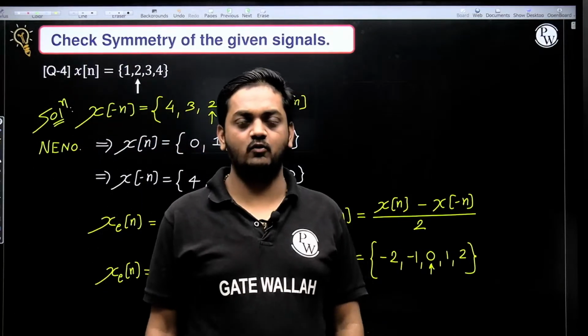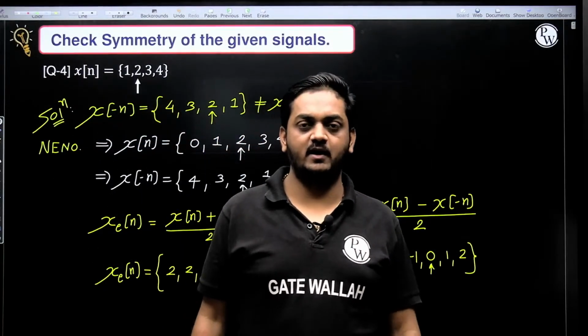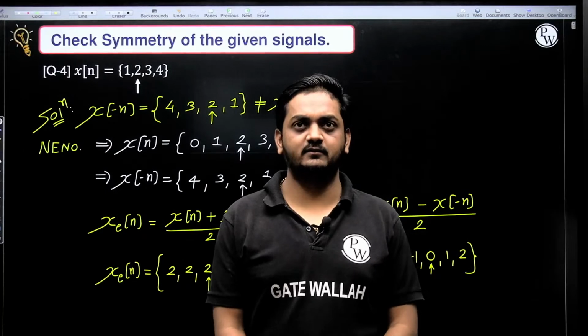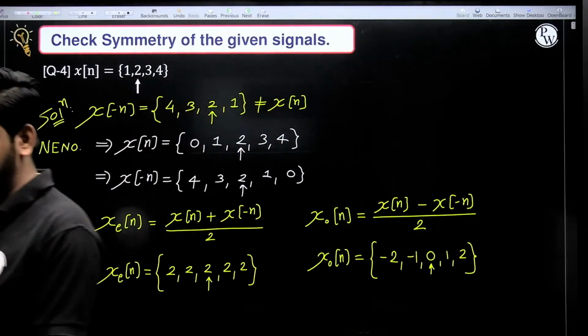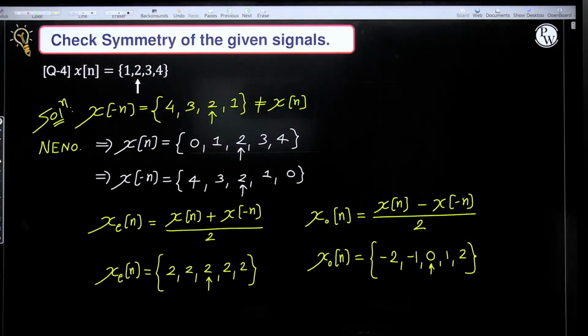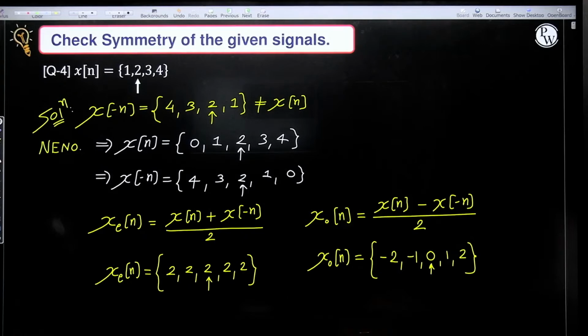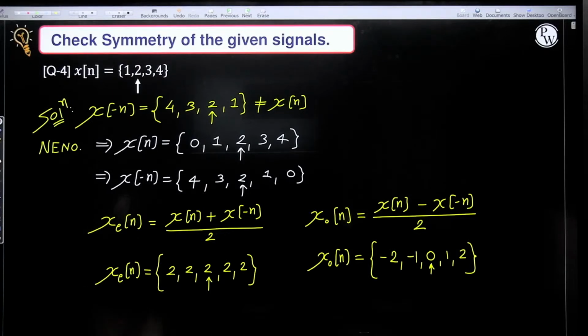Is it clear how to find the even part and odd part of a discrete time signal? Very good.